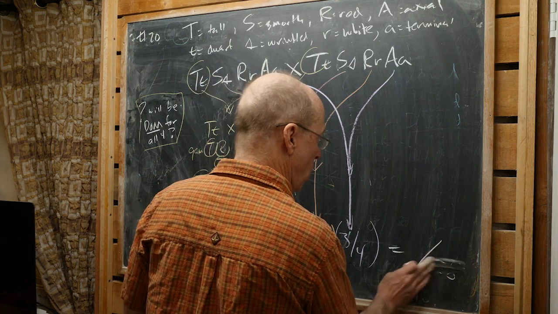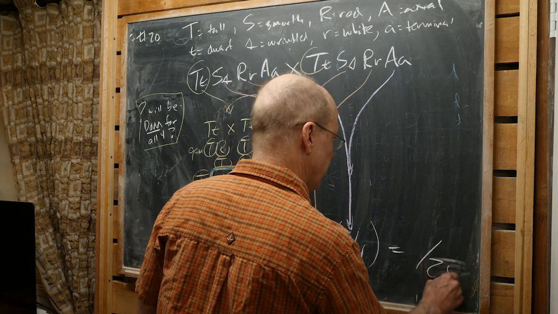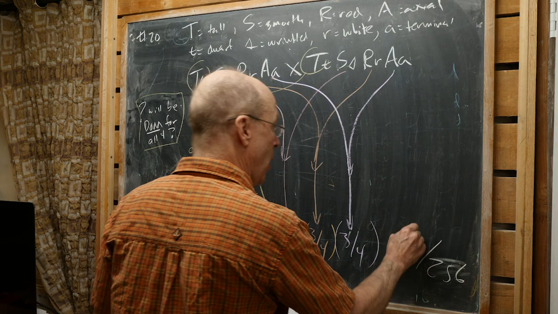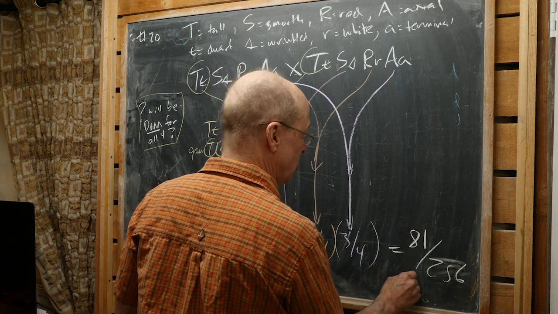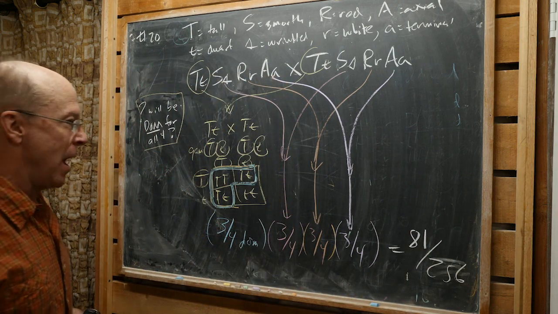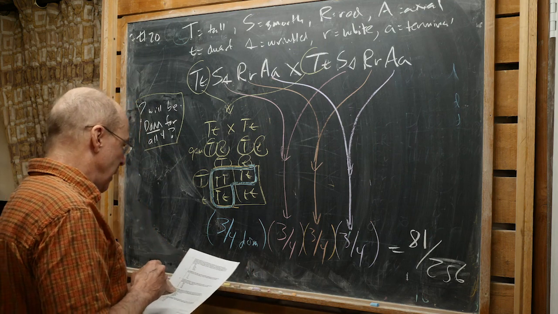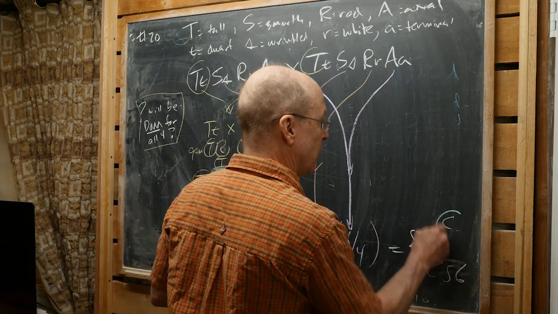Oh, whoa. 256. 256, and then we end up with 81. 81 over 256 is your number if you do that math. That is, for this particular question, answer C.